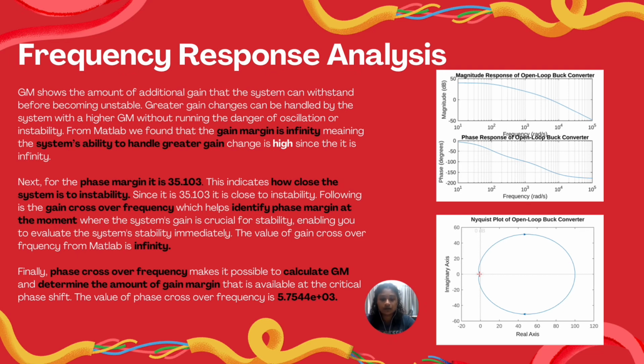Following is the gain crossover frequency, which helps to identify phase margin at the moment where the system's gain is crucial for stability, enabling us to evaluate the system's stability immediately, where in our case it is infinity. Finally, the phase crossover frequency makes it possible to calculate the gain margin and determine the amount of gain margin that is available at the critical phase shift, which is 5.754 to the power of 3.